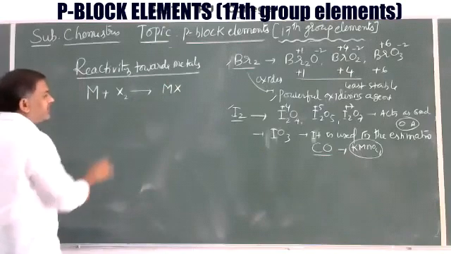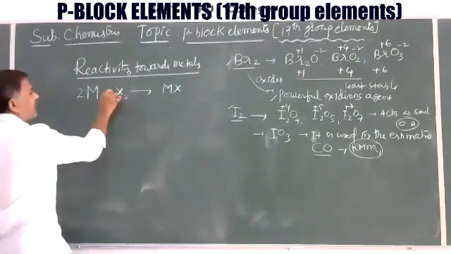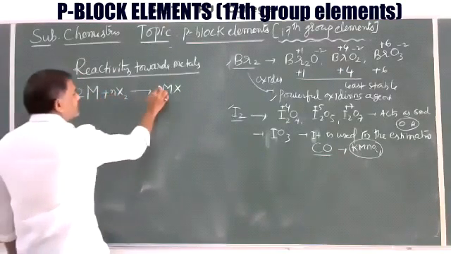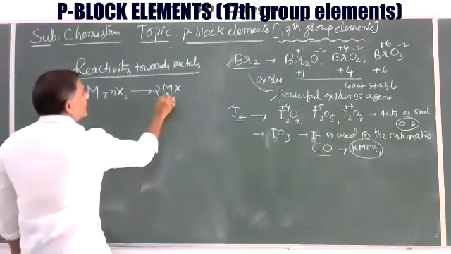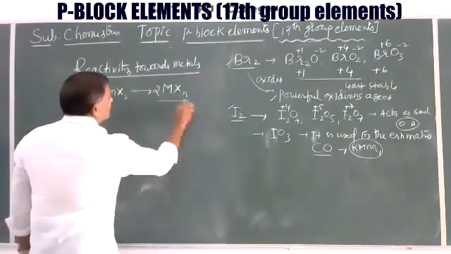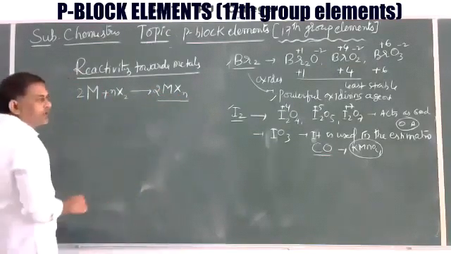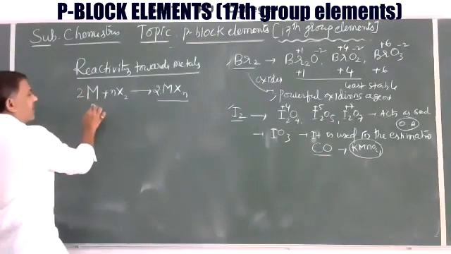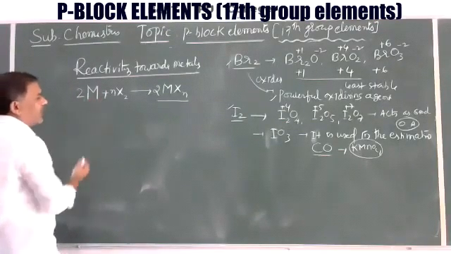For example, 2 moles of M react with n moles of X2 to give 2MXn. For example, here M stands for a monovalent metal.